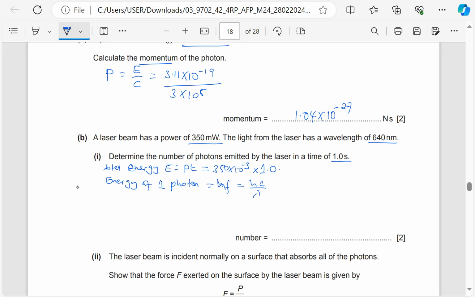So if capital N is the number of photons, I'll simply say E is equal to N times hc over wavelength.